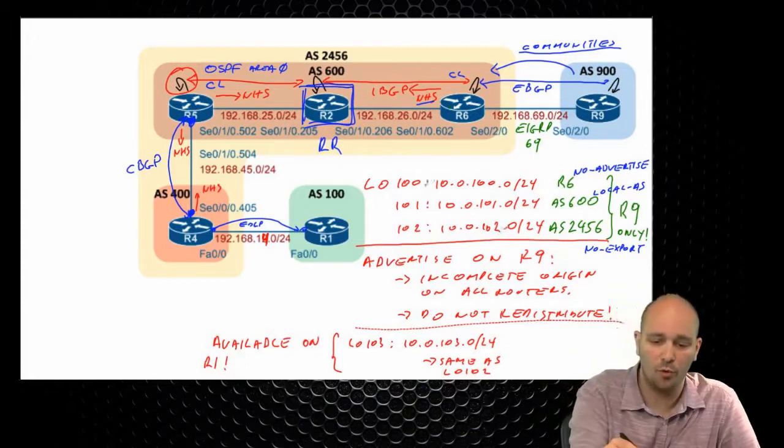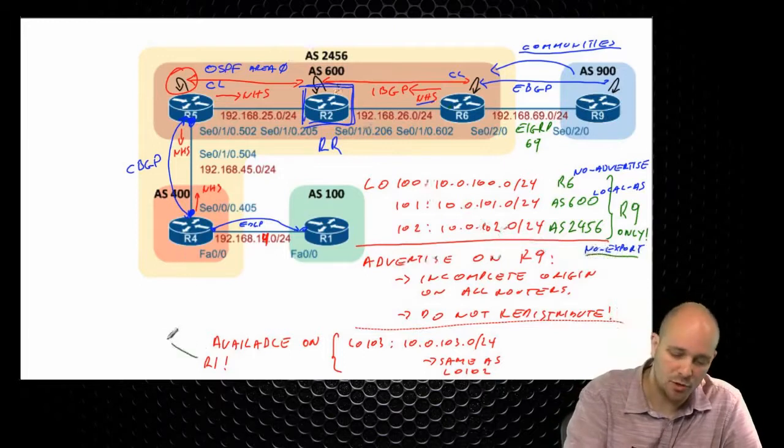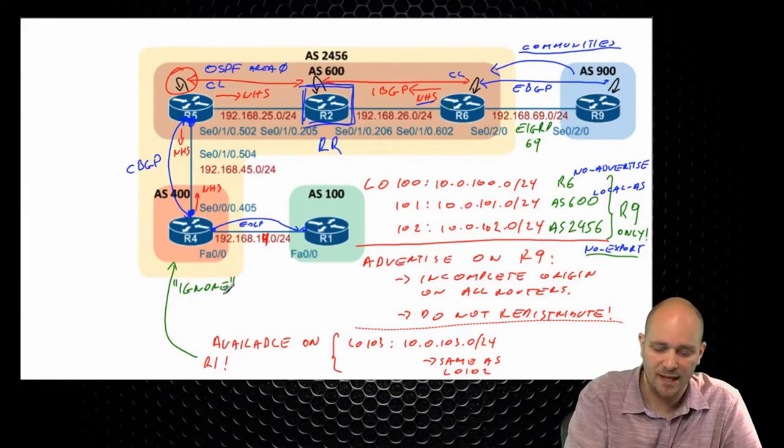I want R4 to actually ignore the no export community. So basically, ignore, I'm going to put it under quotes because you cannot ignore it, you have to do something else. Ignore no export on the 103 subnet.